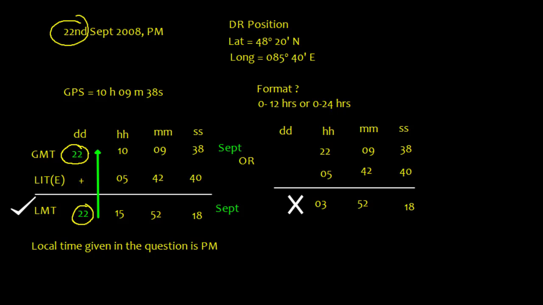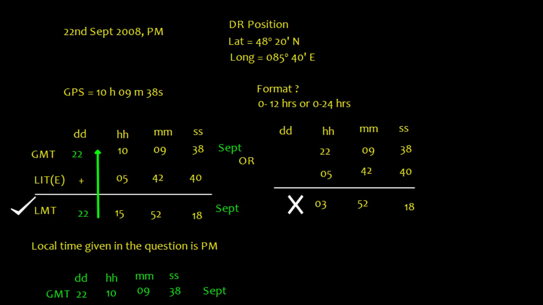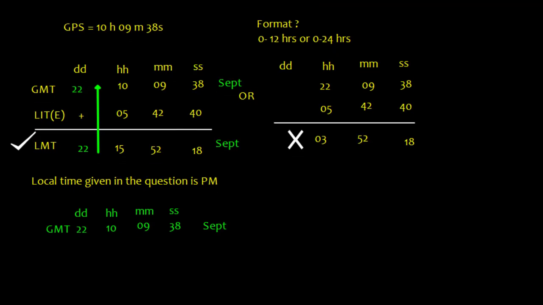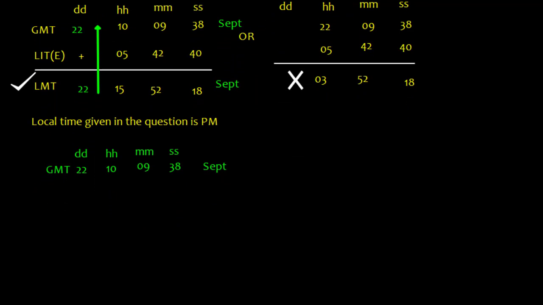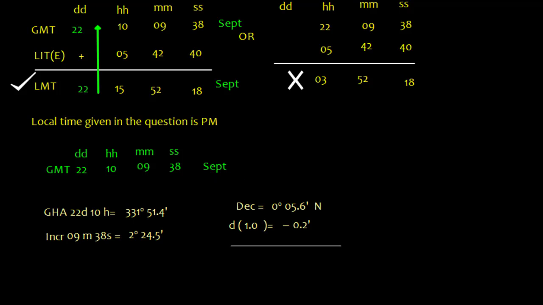So let's write the GMT time, and the GMT time here is 22, 10, 09, 38, and let's write the month. You can write the month initially, September, or at the end, depending on whatever format you prefer. Then we need to focus on GHA. We need to look at the almanac, 22nd day, 10 hour, that is 331 degrees 51.4.